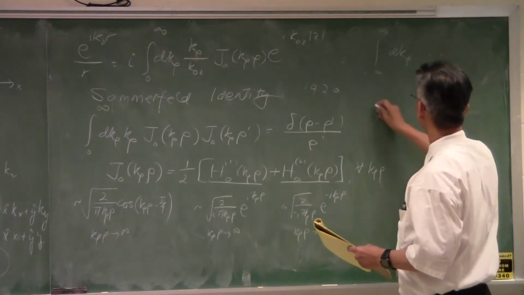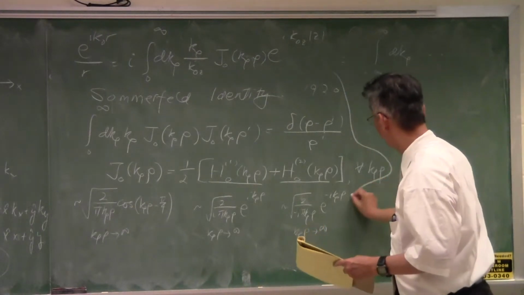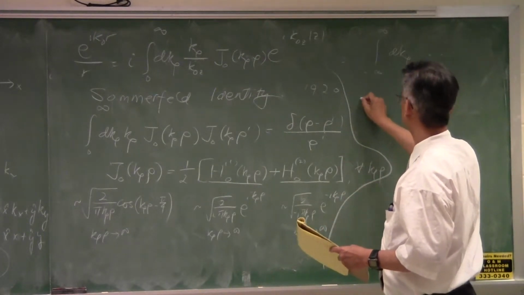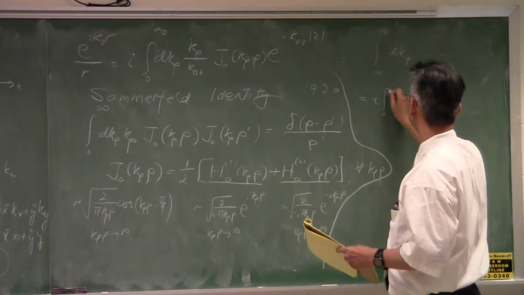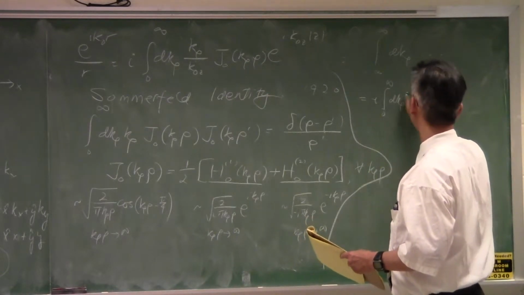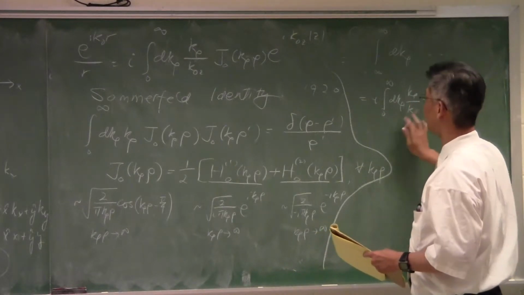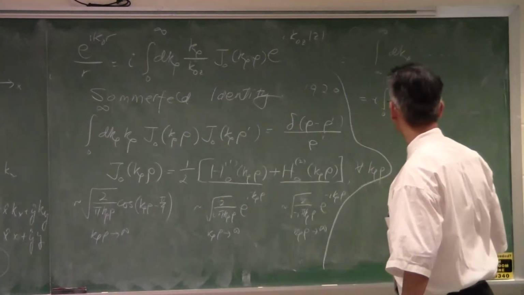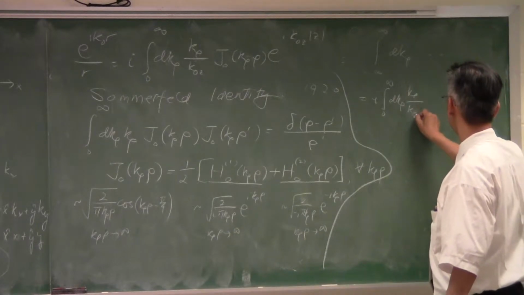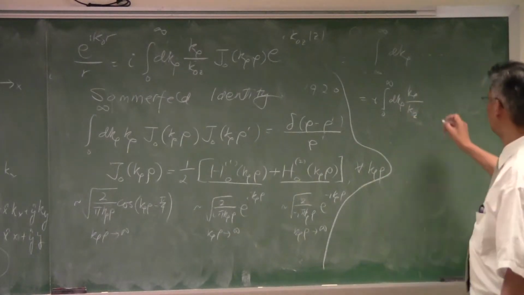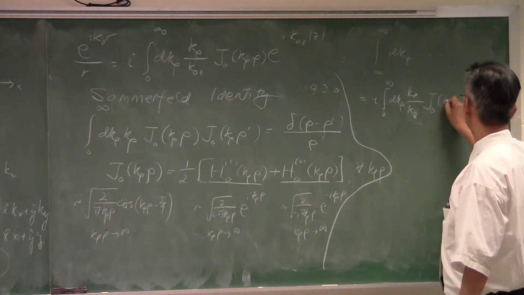So what you have then is that if you go down this route, then this will be equal to i, integral from 0 to infinity, d k rho. Let me not write the k0z anymore. k0z is laborious to write. Let me just write kz, and you know what I mean.